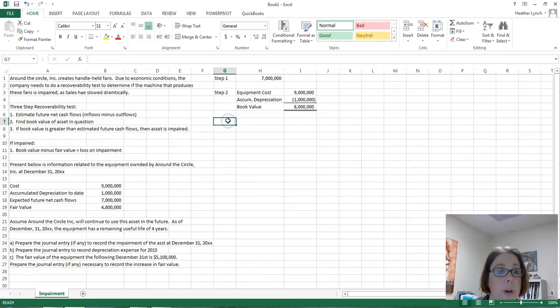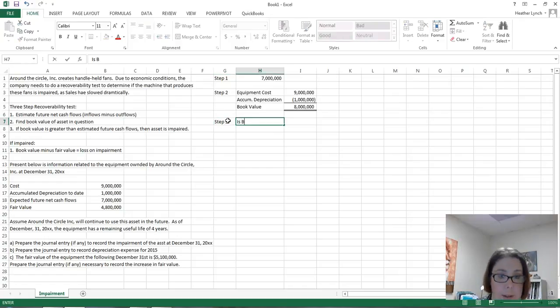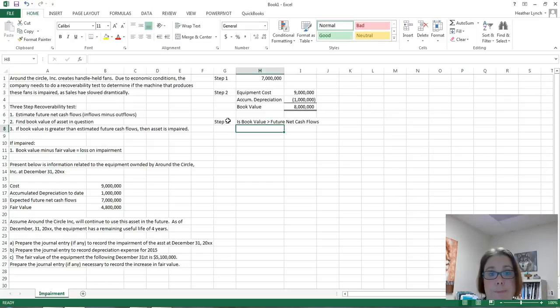Okay, step three, is book value greater than future net cash flows?